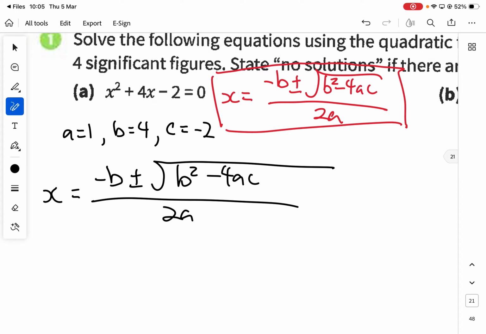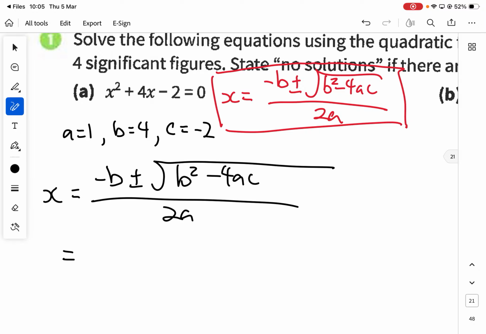Okay? So follow my exact working. List down my A, B, C. Write down this formula. Then the next step is to do substitution. I know A is 1, I know B is 4, I know C is -2. Then from the formula, I do my substitution.